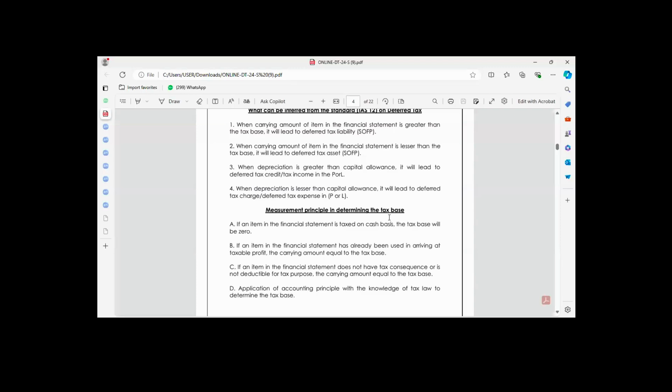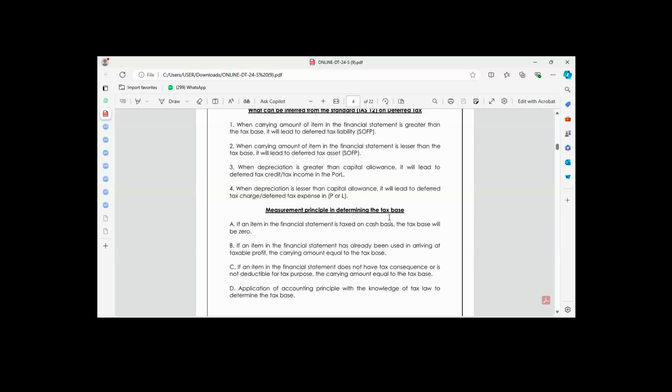Principle 3: if an item in the financial statement does not have tax consequence or is not deductible for tax purposes, the carrying amount equals the tax base. Let's see whether we have that. Yes, additional information 5: fines are not tax deductible. The carrying amount will equal the tax base. The last one.